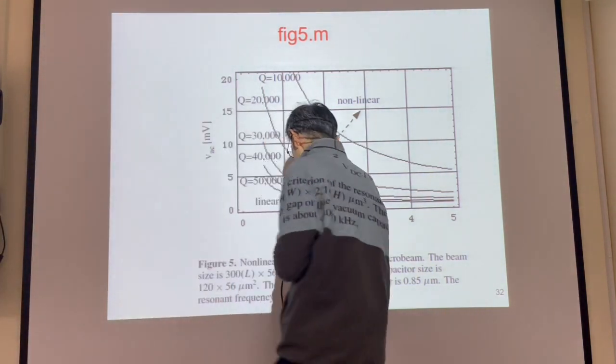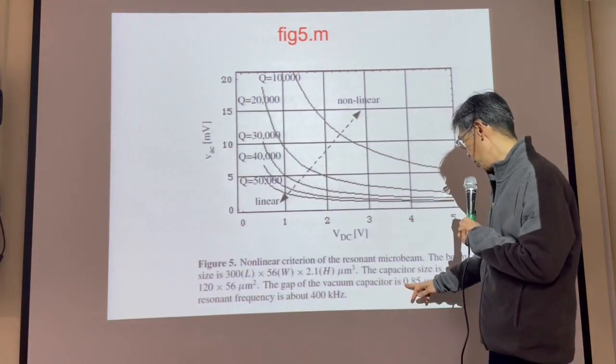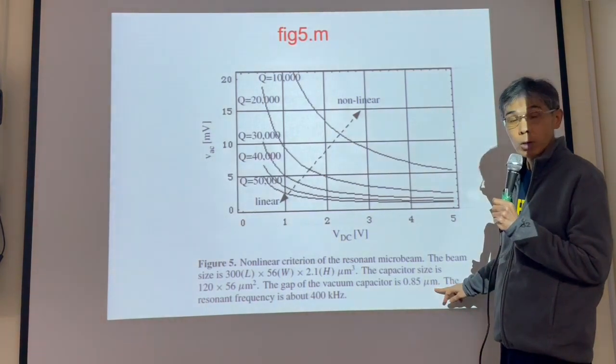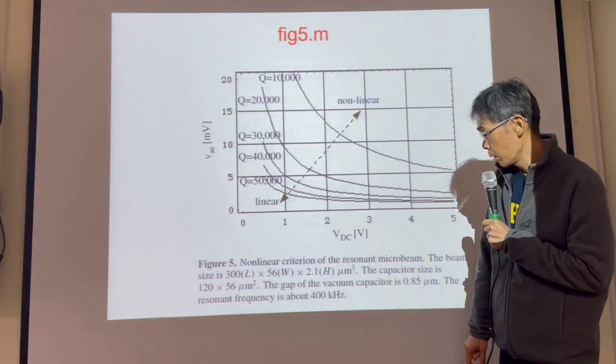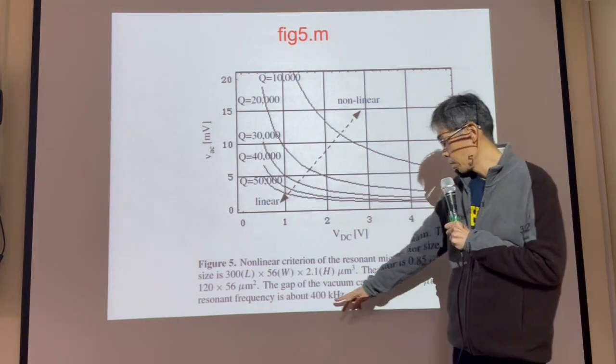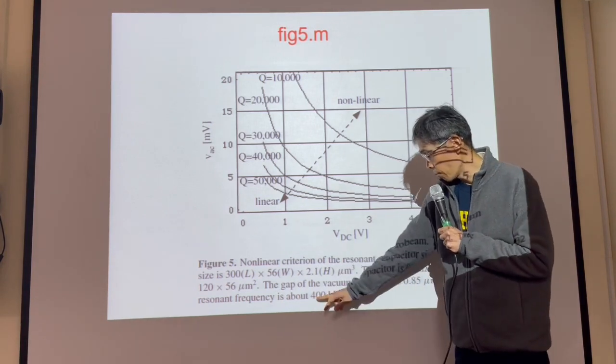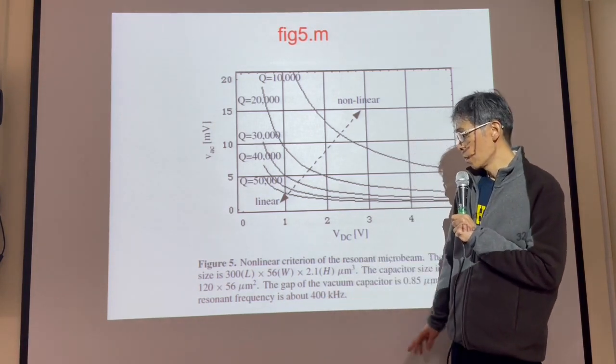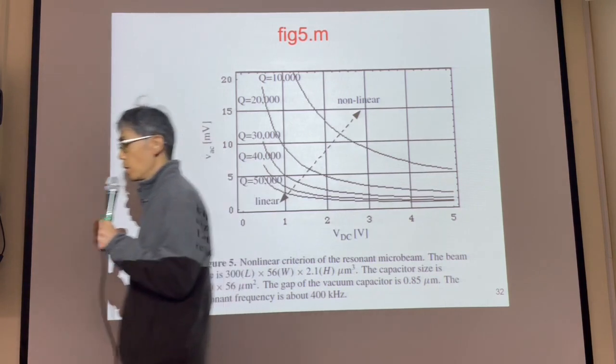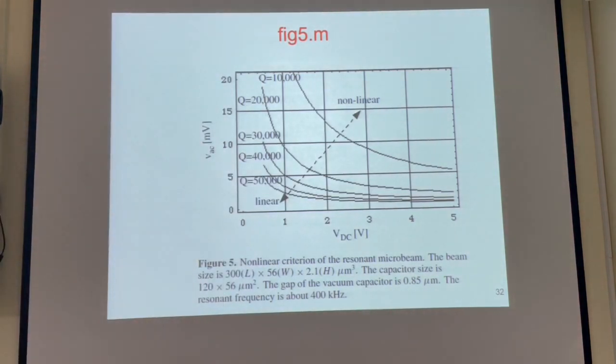Then the gap G, we use 0.85 micrometer. The resonant frequency, we use 400 kHz. Using these parameters, let's take a look at figure 5.